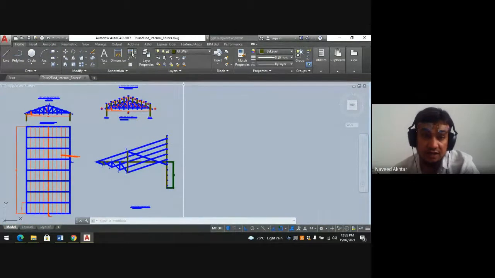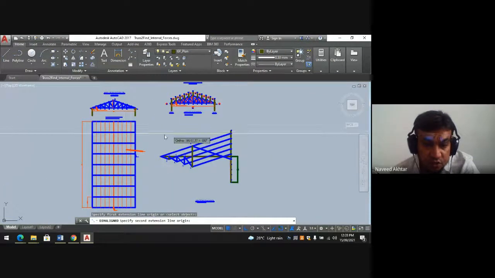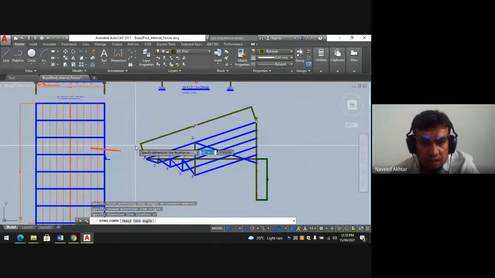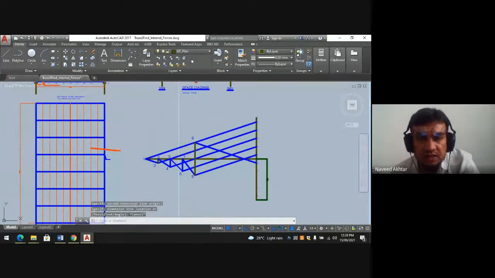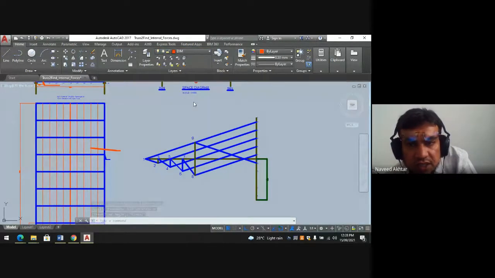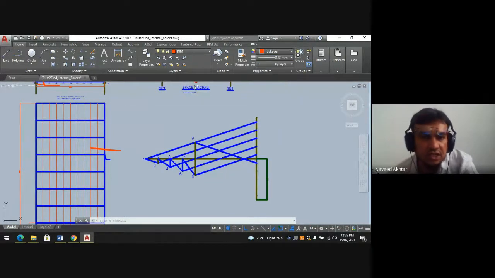I have to measure B21. So I will measure B21. I will convert into the dimensions, and it does not require much exercise. Okay.